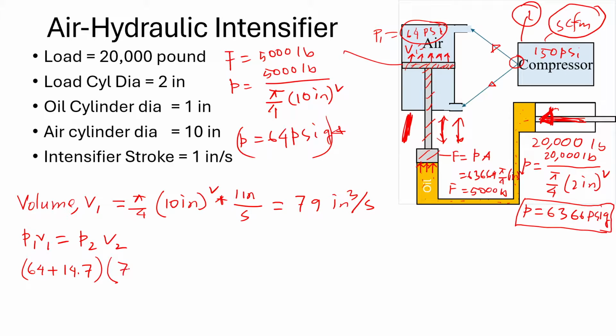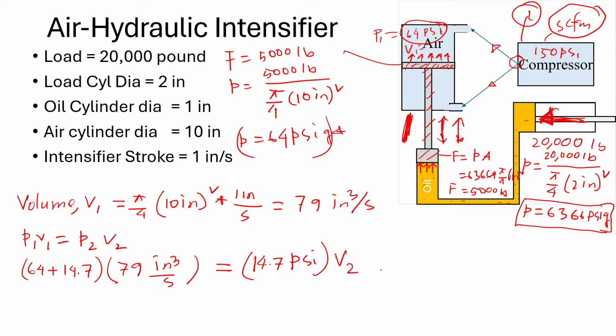And then the volume at that pressure is 79 cubic inches per second. Then the outside, the standard condition, is atmospheric condition. Let's say that atmospheric pressure is 14.7 psi at sea level. If nothing is given, you can assume it's 14.7 psi at sea level.